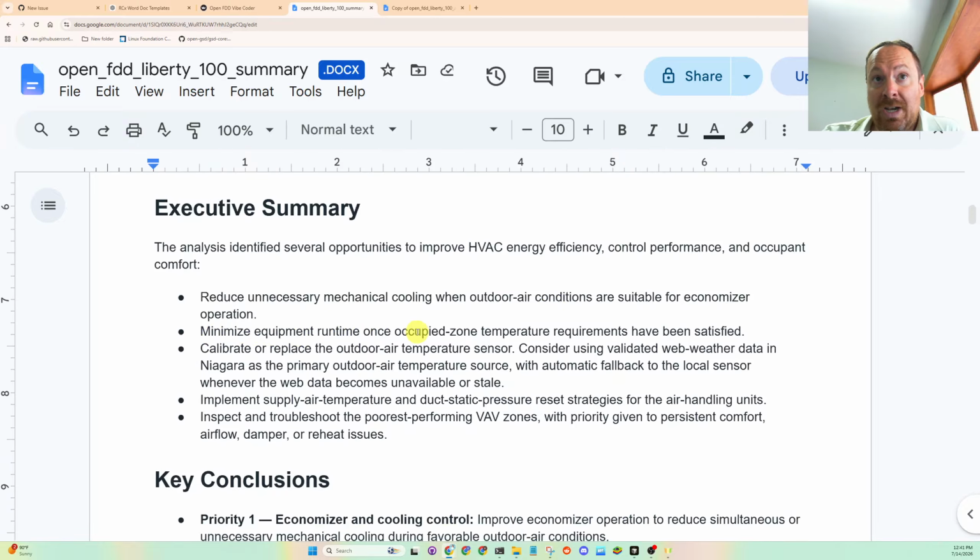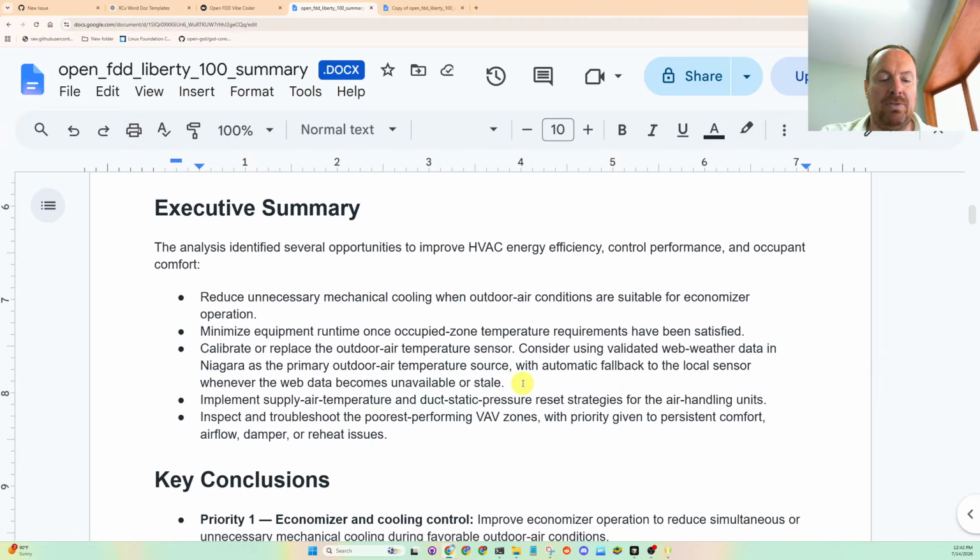So this would be airside systems. Calibrate or replace the outside air temperature sensors. Consider using validated web weather data in the Niagara building automation as a primary outside air temperature source with an automatic fallback to local outside air sensors whenever the web data becomes unavailable or stale.